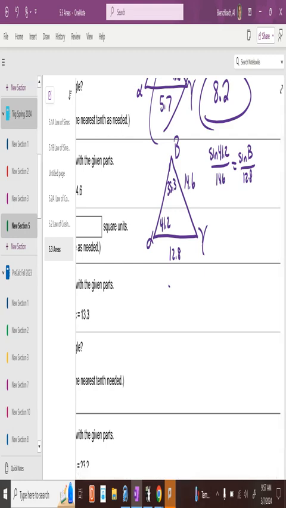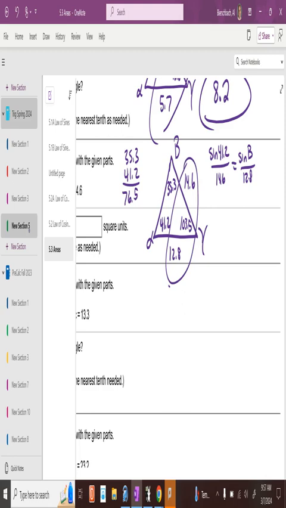Okay? So then, if we add up 35.3 and 41.2, we get 76.5. So we know that this must be 103.5. Now I have side angle side. You got to work until you get to side angle side.